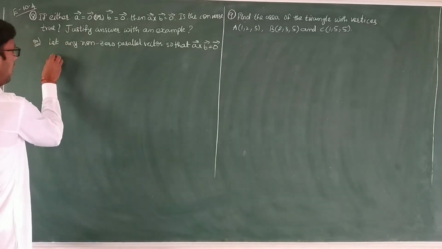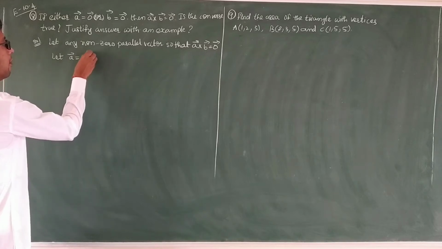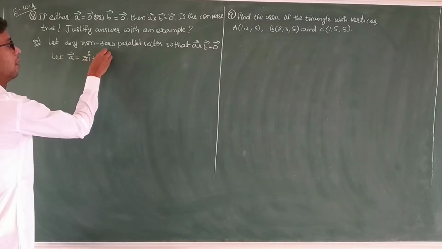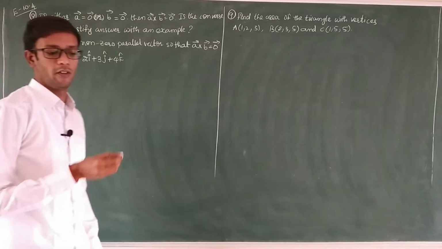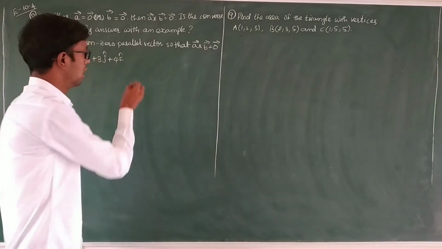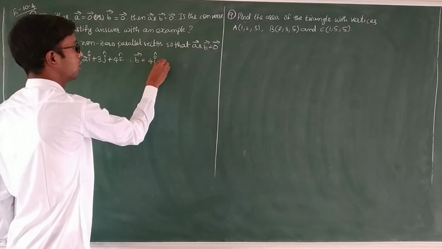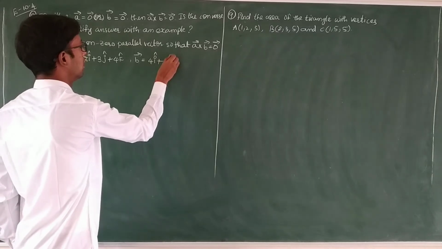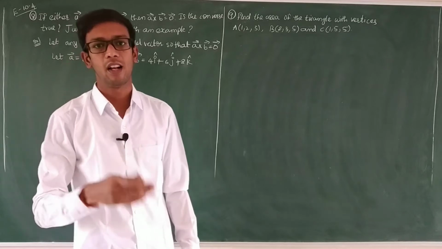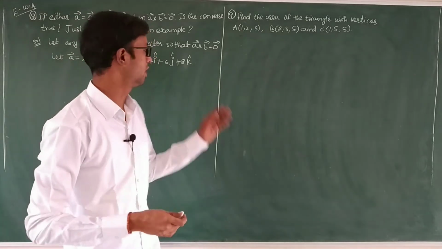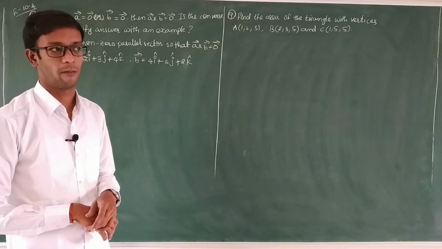So next, let A bar equal to 2i cap plus 3j cap plus 4k cap. So what vector I took, and B bar another vector, just multiply with 2. 3 2s are 6, 4 2s are 8. Sir, why are you multiplying with 2? Parallel vectors means just a proportional number will have to be used.